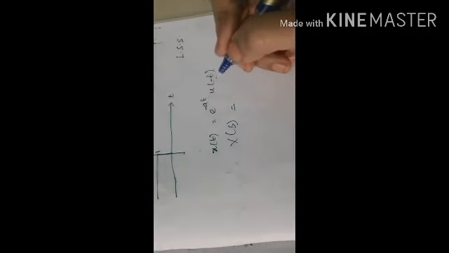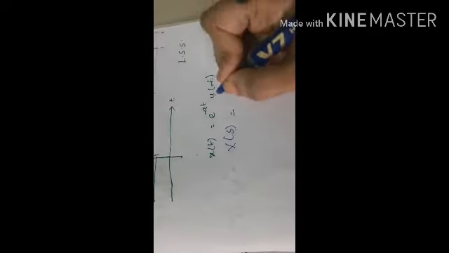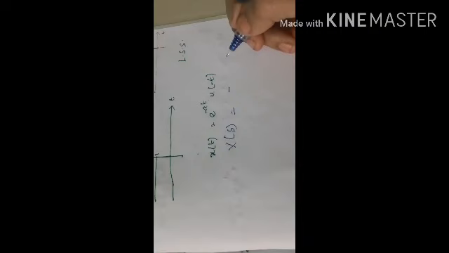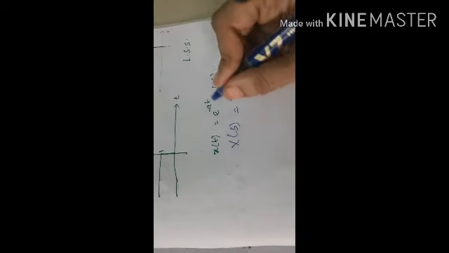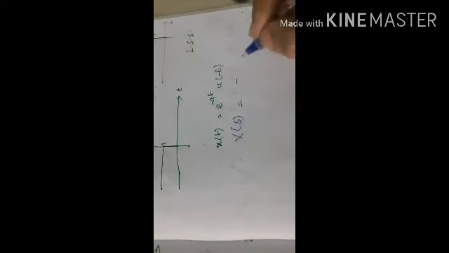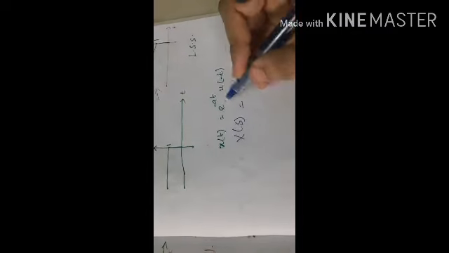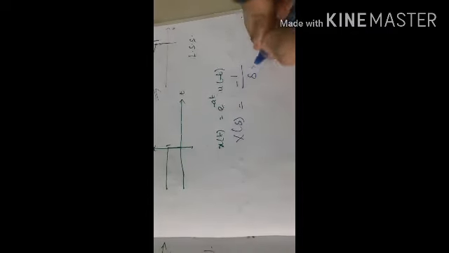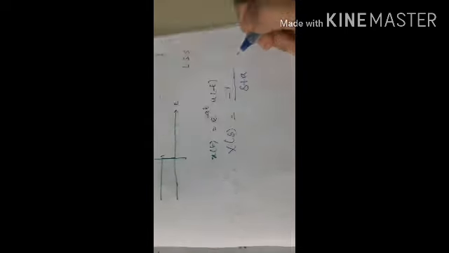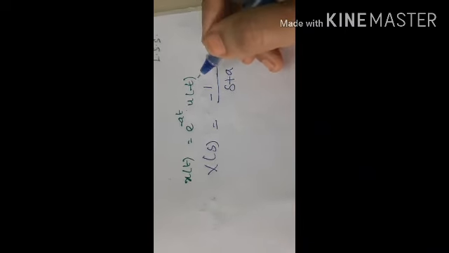Now we already know the value of x of s for the exponential signal with respect to the step signal. So x of s is equal to, for this u of minus t, I can take one negative sign. u of minus t will give you the value of minus 1 by s. For this e power minus at, I can write this s as s plus a. Have you all understood? Listen carefully. These are all time-saving points.